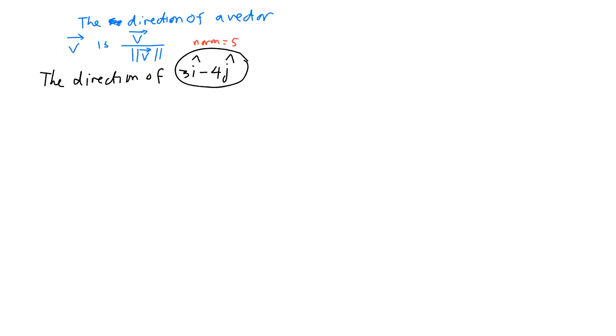So the direction equals 3i minus 4j, and we divide the whole thing by what? By the norm. The norm is 5. So the final answer is 3 over 5, minus 4 over 5 and 0. This is the direction of this vector.